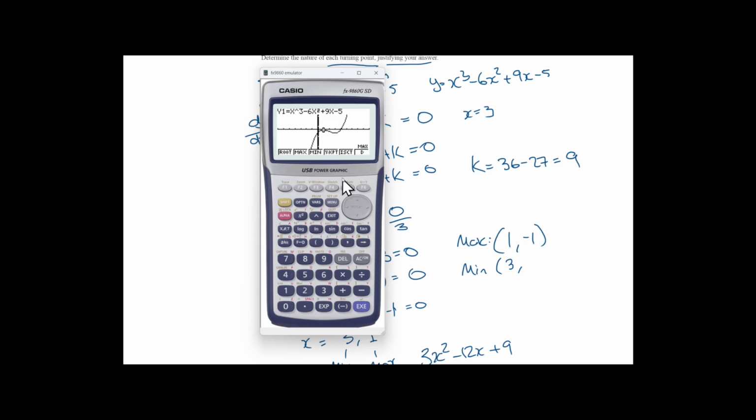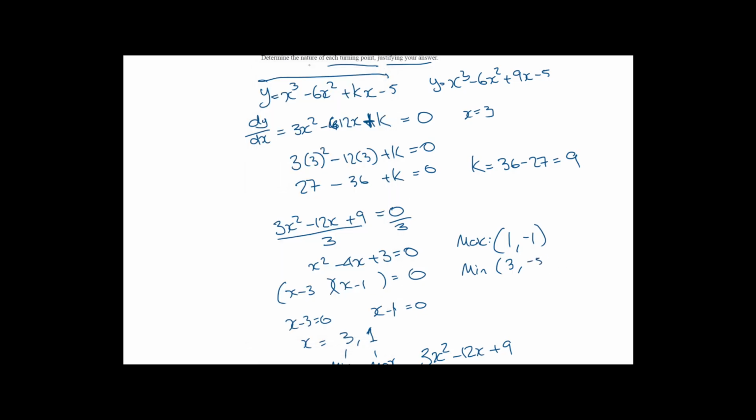So G-Solve, we want to find the minima. 3 comma minus 5. Here we go. There is our answer there. And there's our proof. Good question. Really good question.